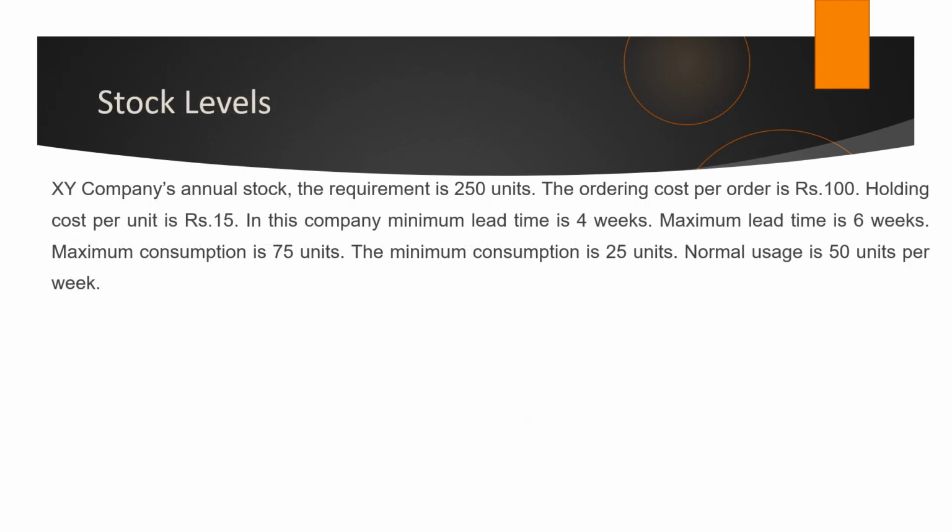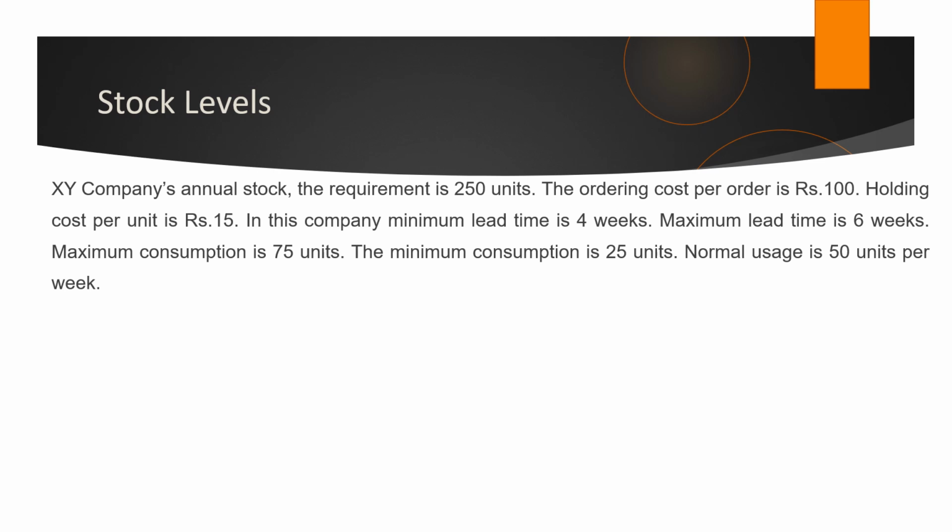Now, let's see this question. Here, the XY company's annual stock requirement is 250 units. The ordering cost per order is 100 rupees and the holding cost per unit is 15 rupees. In this company, the minimum lead time is 4 weeks and maximum lead time is 6 weeks.